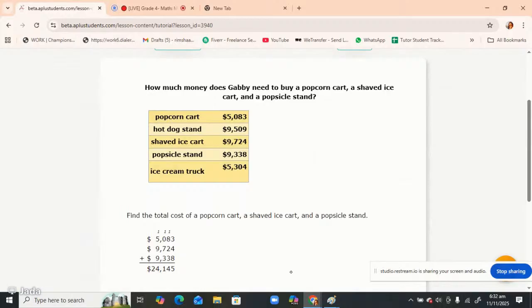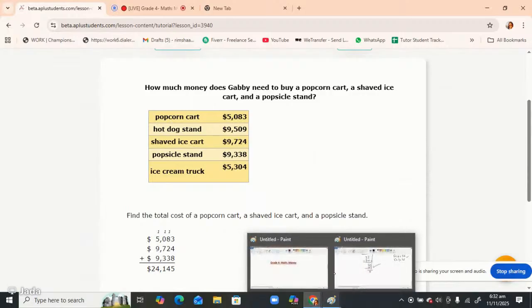The popcorn cart is 5083, 9722 is the shaved ice cart, and how much is the popsicle stand? This is 9338. We just add up all the digits together and then see.